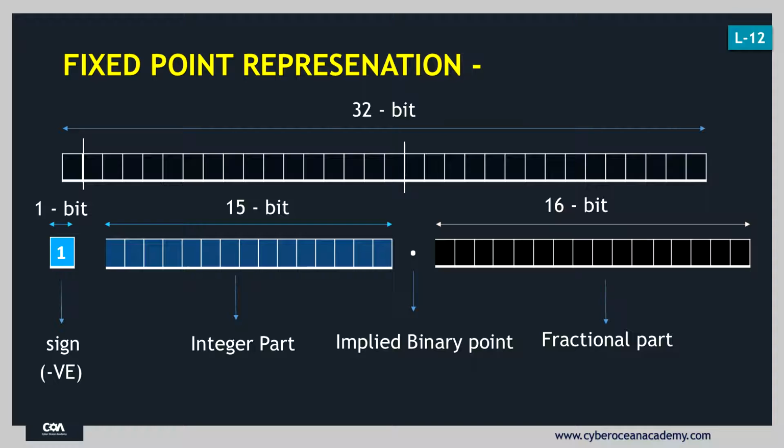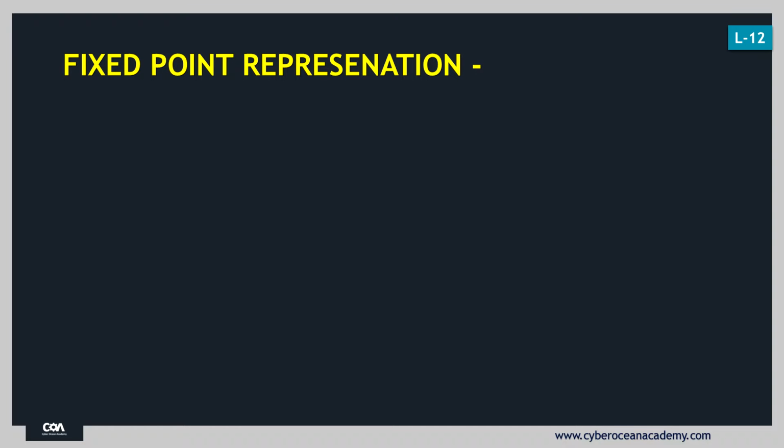Now let's take an example of a fixed point representation. Here we have to represent minus 7.625 in 32 bits. How do we represent this number? This is a negative sign, so the sign field is 1, and this is 7. We write 7 in binary as 111, and in the fractional part we have 0.625. The binary equivalent of 0.625 is 101.